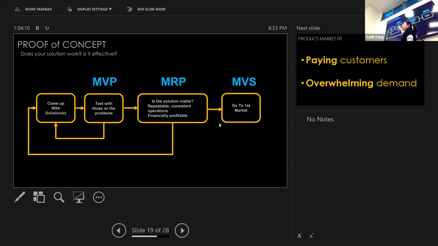This janky little MVP, right? It's not very robust. This is a more robust thing that you can actually test with a bunch of people. So now you're getting a larger sample size. So if you've taken any research methods classes or statistical classes, you know that you want to get larger sample sizes to get better validity on your hypotheses.